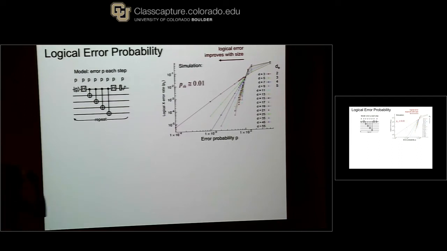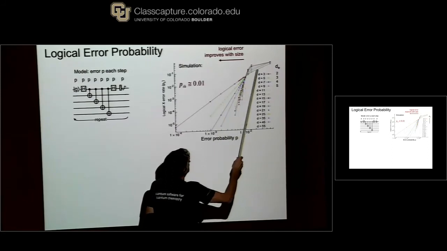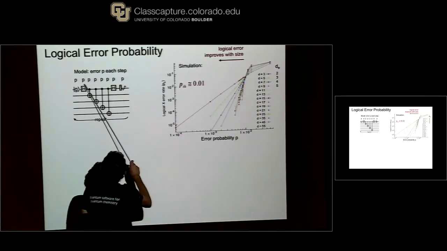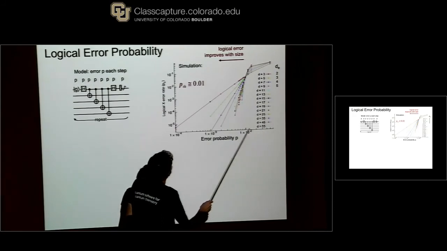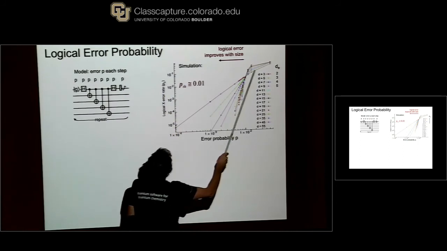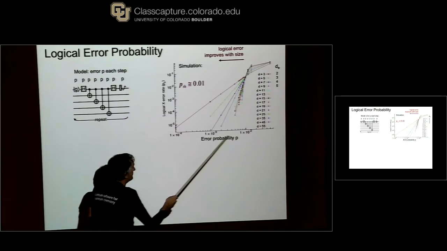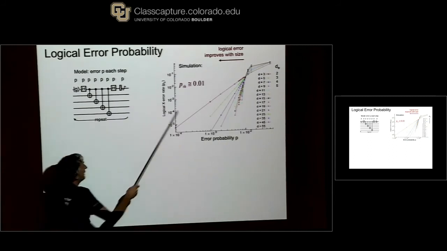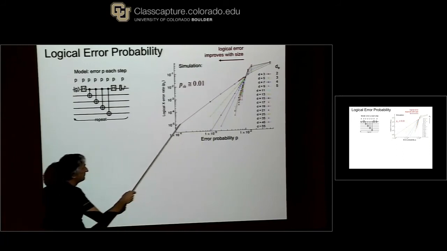Okay? So for example, at d equals 3, which is a small code, you see that if the error probability per step is around 1% or a few percent, then the logical error rate for a bit flip is up here at a few percent. And as this error probability goes down, the output error rate from the decoding and doing everything goes down.